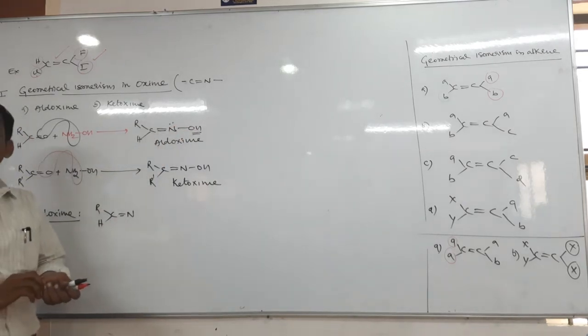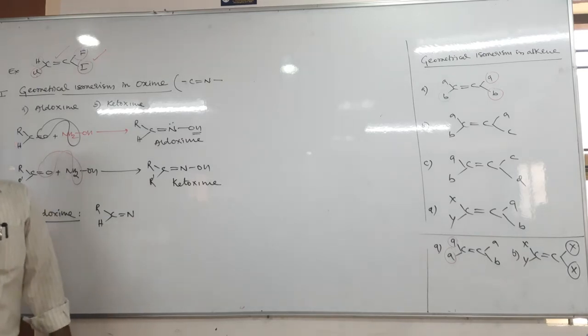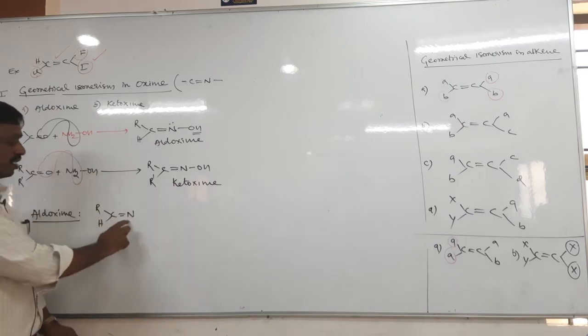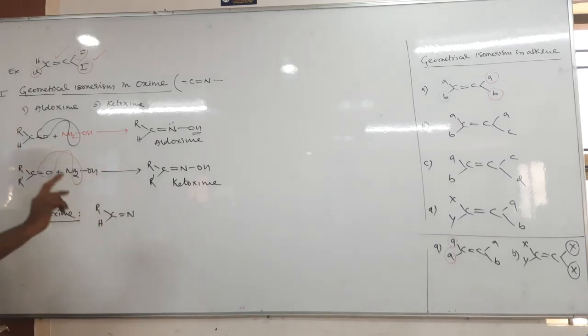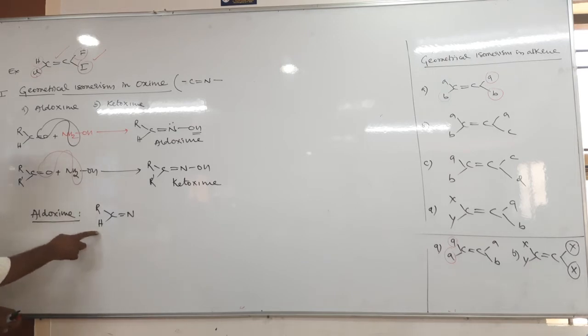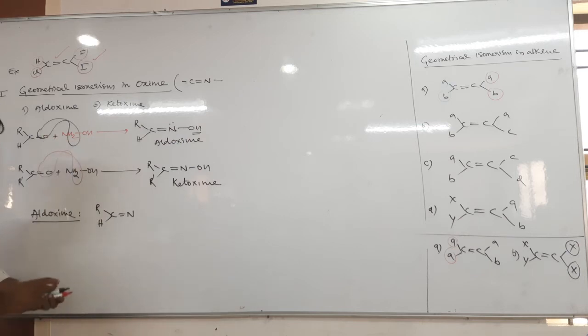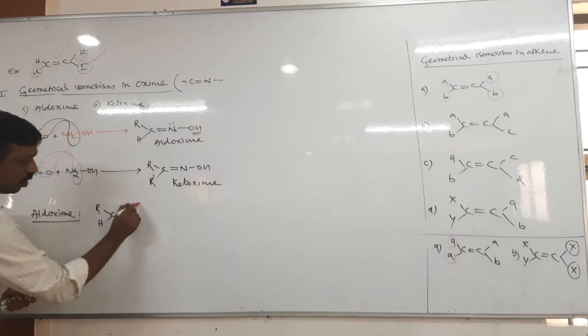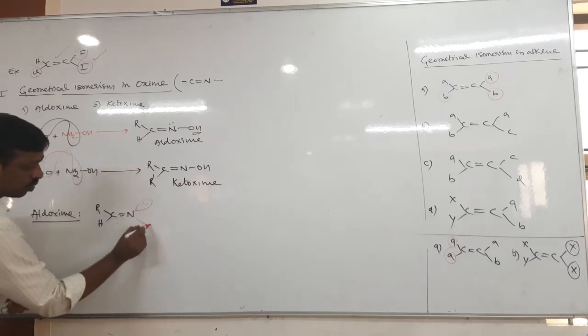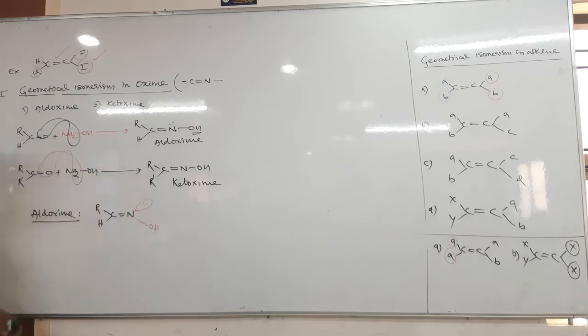But what is the condition for geometrical isomerism? There must be a double bond, here carbon-nitrogen, and each double-bonded atom should be attached to two different groups. Here the nitrogen is attached to only one OH, but there is also a lone pair. One side the lone pair will be there, another side OH.